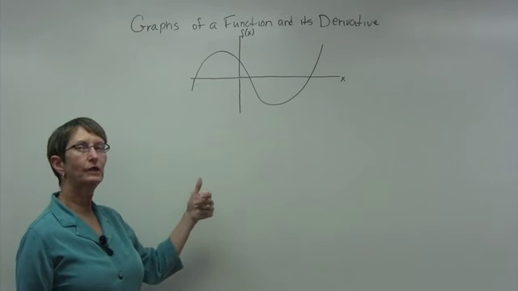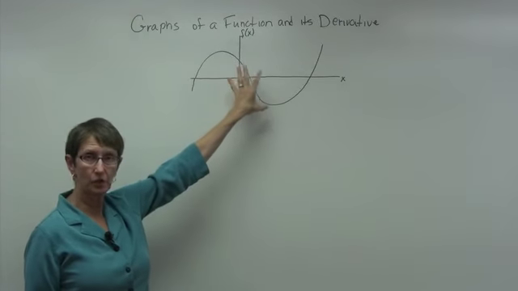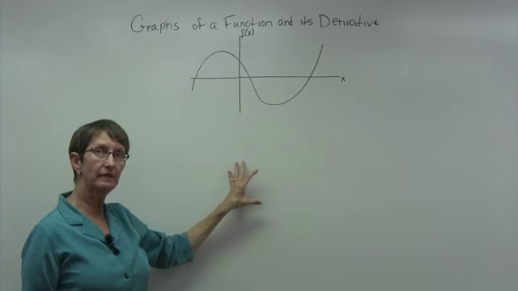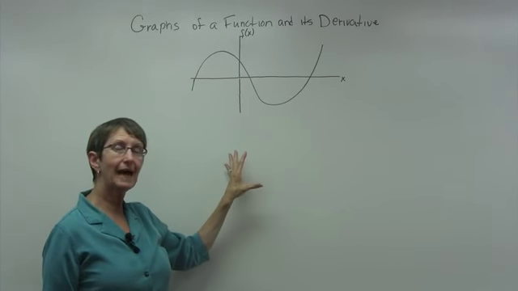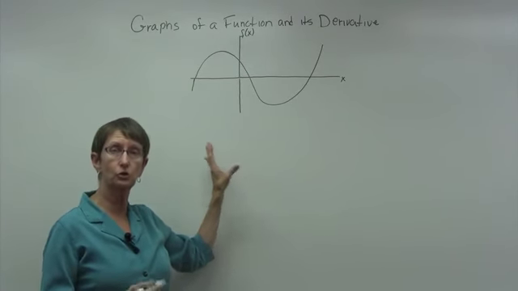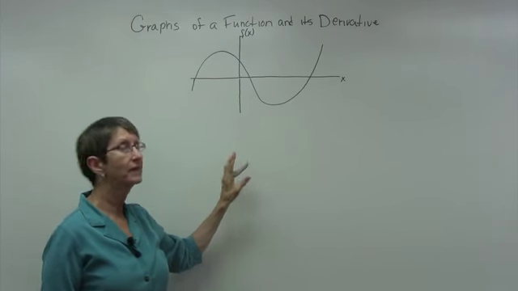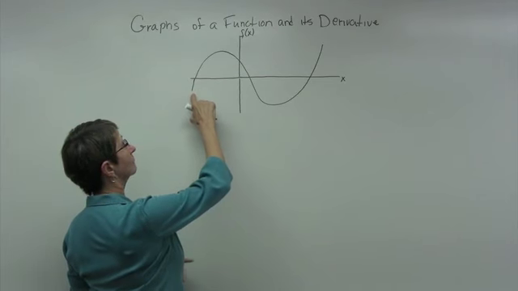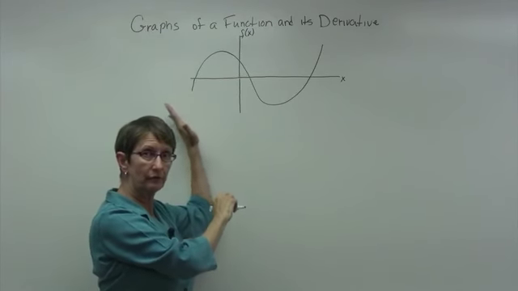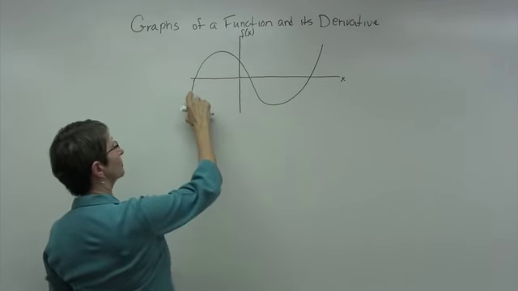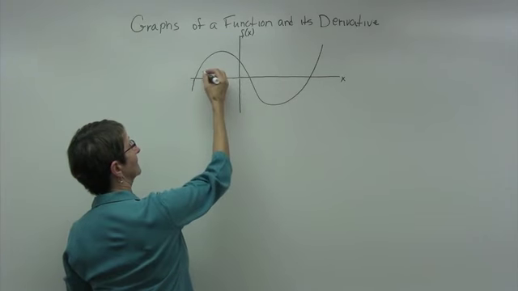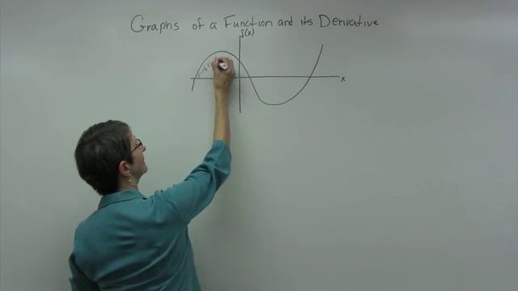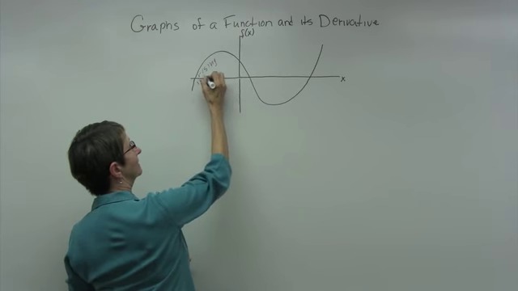Now we're going to look at the graph of a function here, and from it, get the graph of its derivative just using our derivative values or slopes of the tangent lines. When we look at the function, we see that if we start here, and remember we read from left to right, we start here and the function is rising. So I'll say it's rising, or we can also say that it increases.